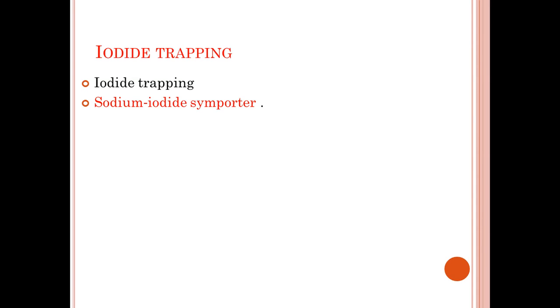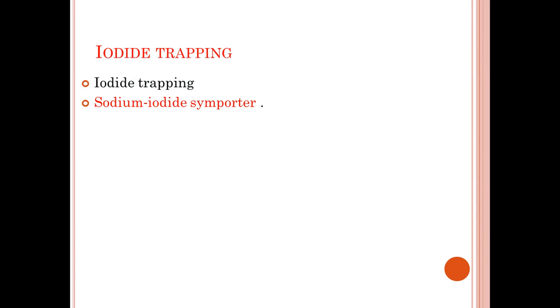So even if the concentration of iodide in the circulation is less than its concentration in the thyroid gland, there is a pump or symporter, the sodium iodide symporter, that traps iodide from the circulation into the thyroid gland, where it is stored, and this process is activated by thyroid stimulating hormone.